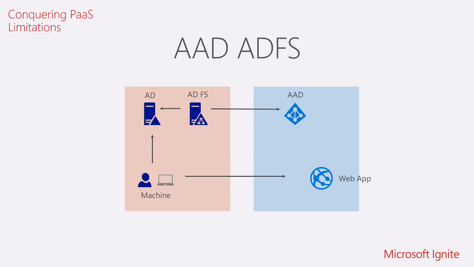Once we want to move to platform as a service, because the web application does not support Windows authentication, we can utilize the Azure Active Directory. In Azure, the Azure Active Directory is a robust way to authenticate your users. You can connect your on-premises Active Directory with the Azure Active Directory, either by direct synchronization or by using ADFS to connect the two.